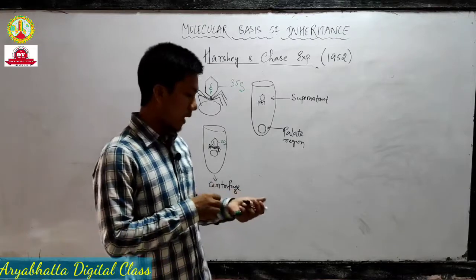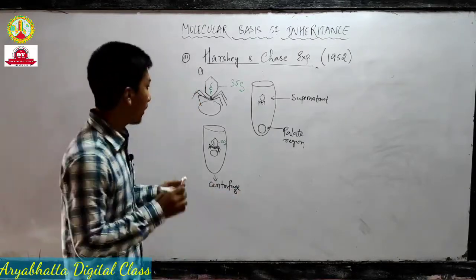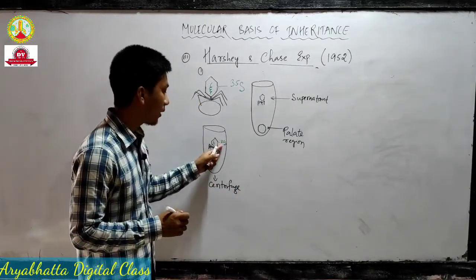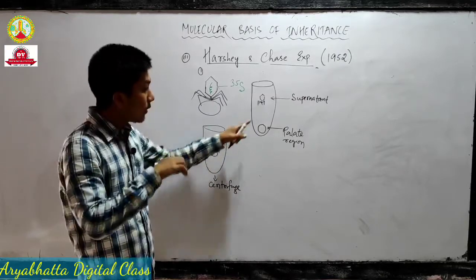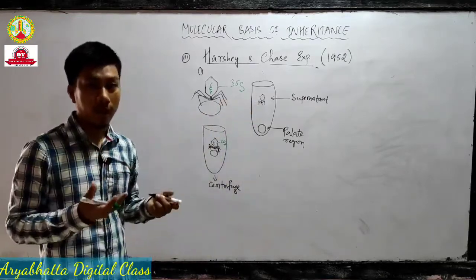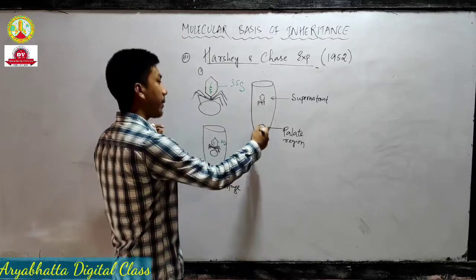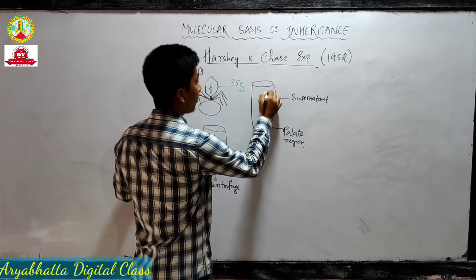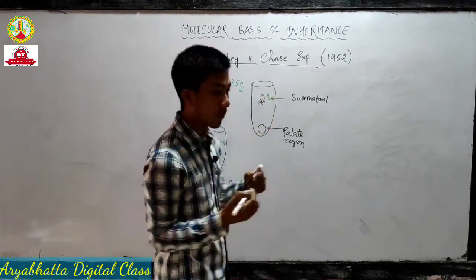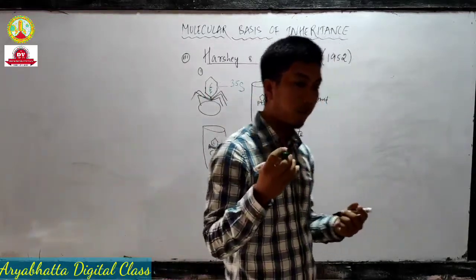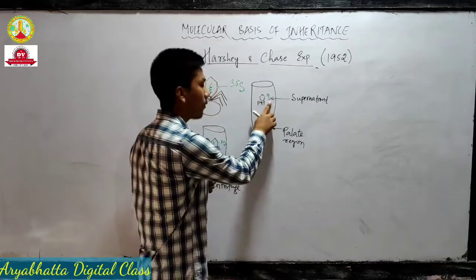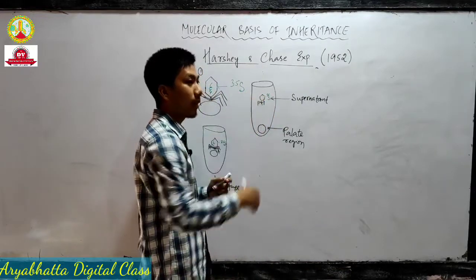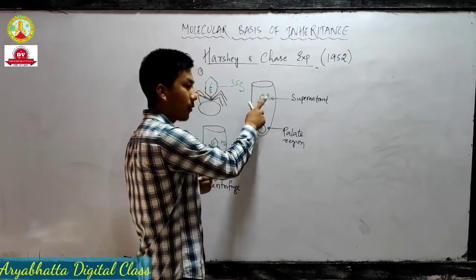Now, next they found out that this radioactive element, sulfur 35, is in the viral body only. They did not find it in the bacteria body. When they visualize the test tube, they found that the sulfur 35 is still stuck with the viral body, with the protein.